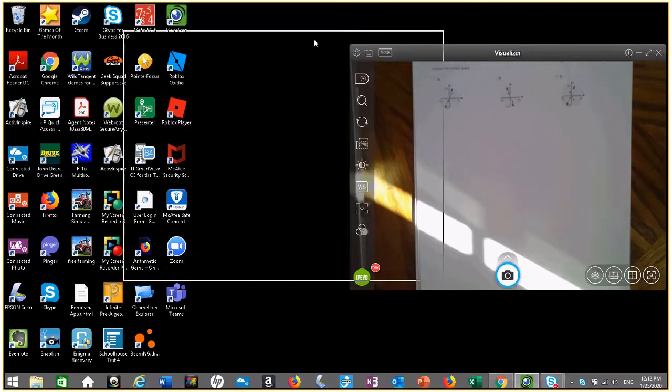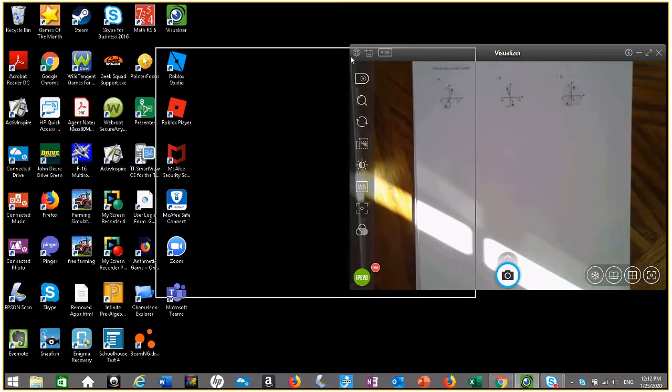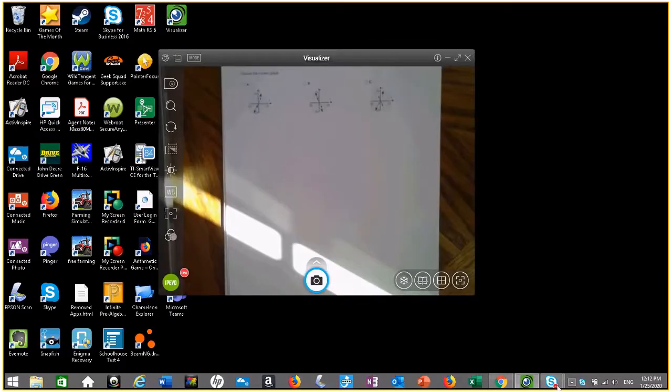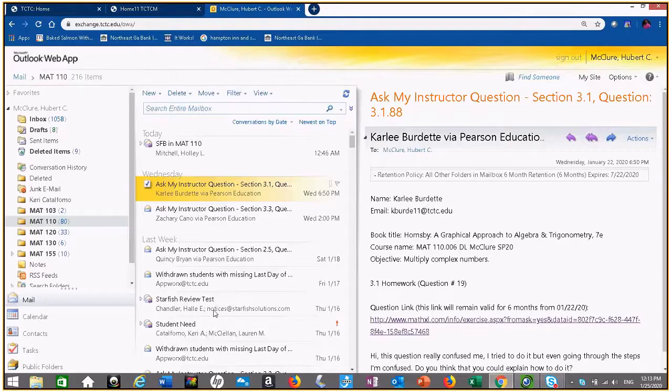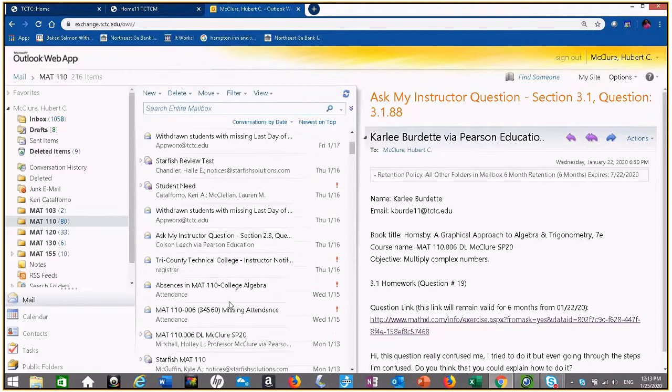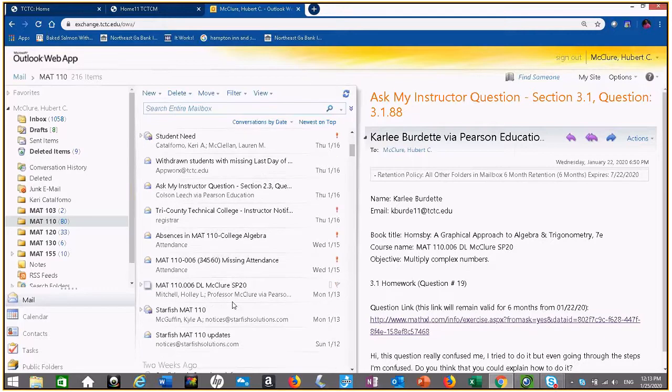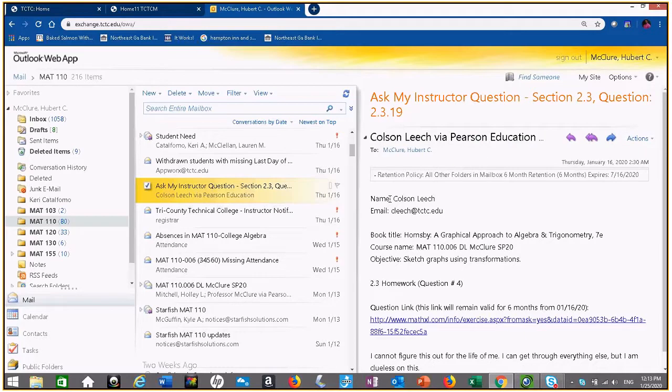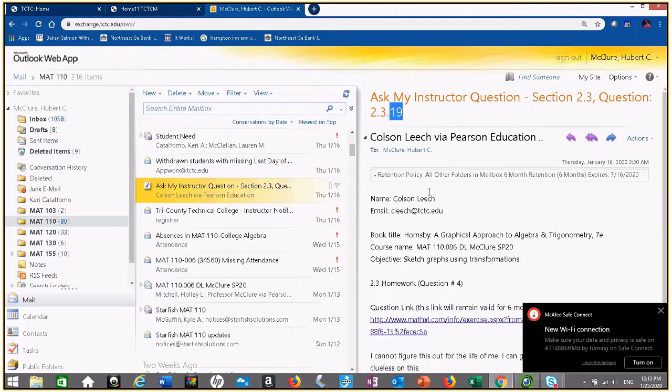If you can see my screen, I'm going to pull the problem up first. So the first problem, I'll give you the number. Hold on a second, I'm trying to find it. Here's the first one, 2.3 19/4.